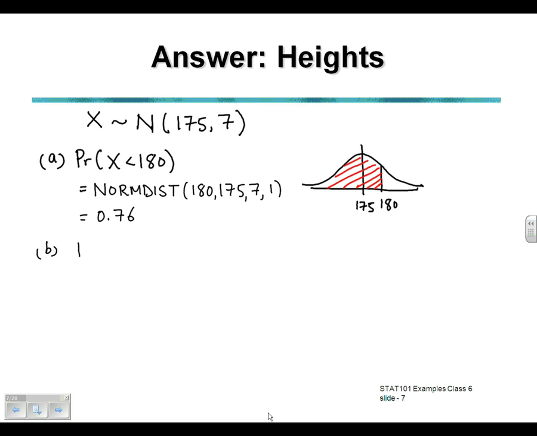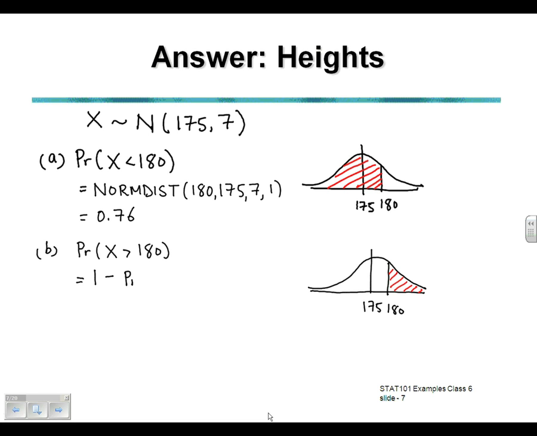Part B. We're here looking for the proportion of men that are more than 180. So of course what we're considering here is the right-hand side unshaded probability from the diagram, which we'll draw again, 175, the mean in the middle, 180 on the right-hand side there, and our area of interest is to the right of 180. Now, we will be using normdist, but this time we're subtracting from 1.